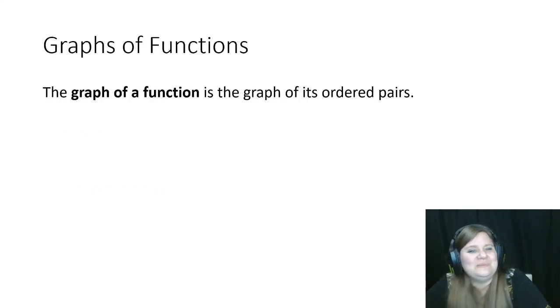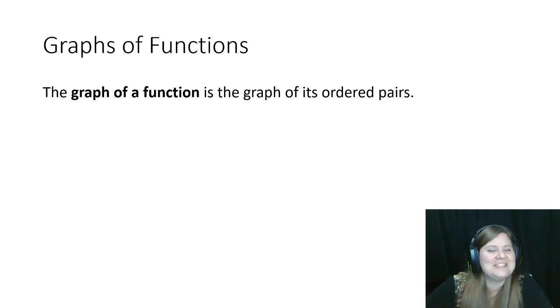All right, so let's talk about the graph of a function. When we say the graph of a function, we really mean the graph of its ordered pairs. A lot of times we write this as a t-chart.